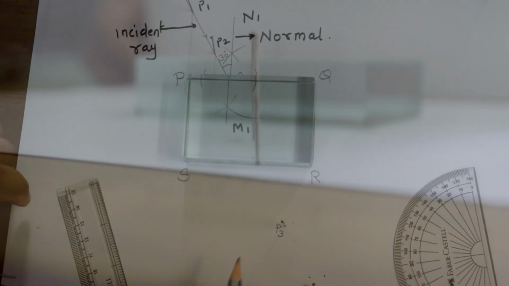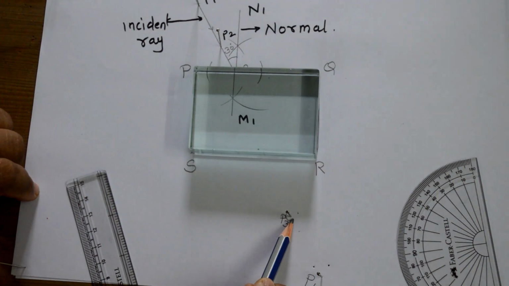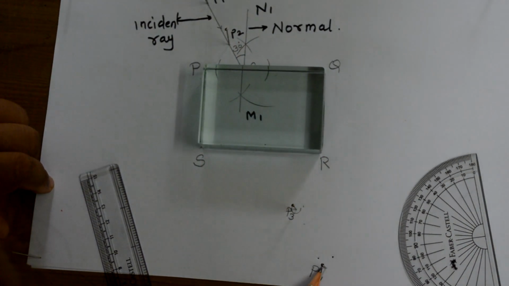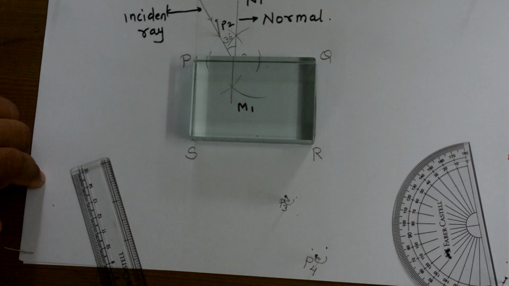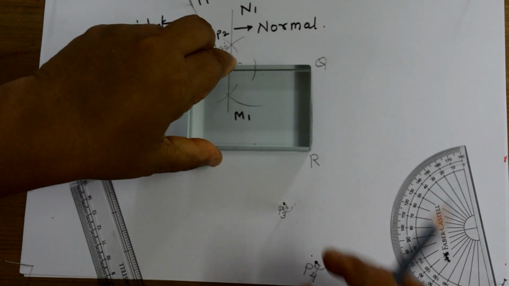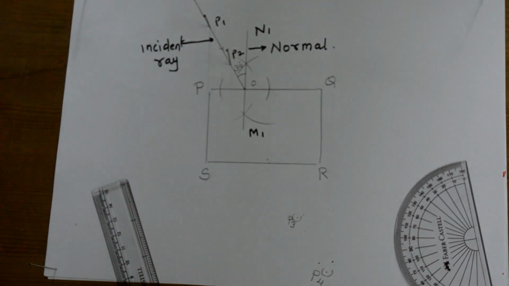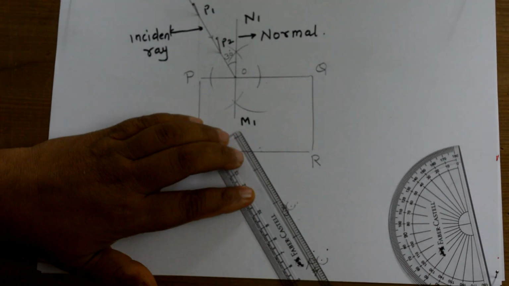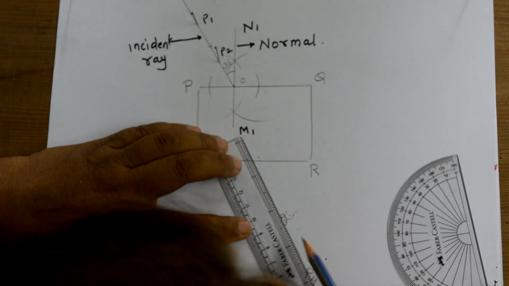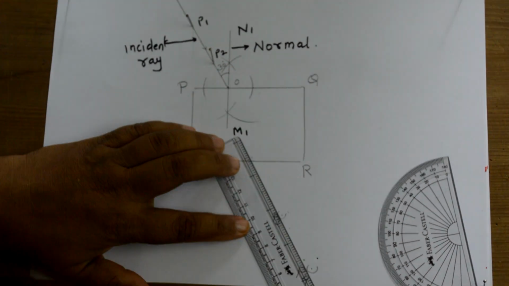So let me mark pin 3 and pin 4. Before removing the pin 3 and pin 4, draw a circle around it, marking it, and then remove the pins. Also remove the glass slab and the pins.